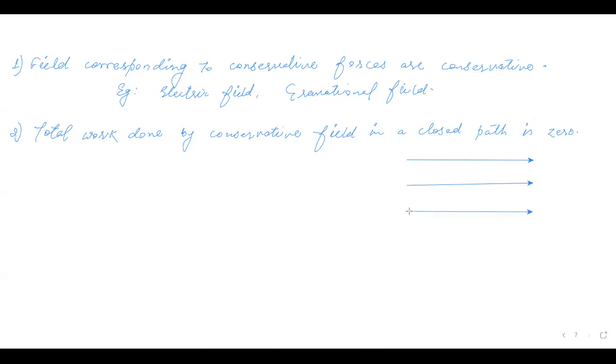This is a field here, and we have a charge which is moving in a closed path. Suppose that this is your point A, and this is your point B. In the first part, this charge is moving from B to A, so we can take the work done as W1.